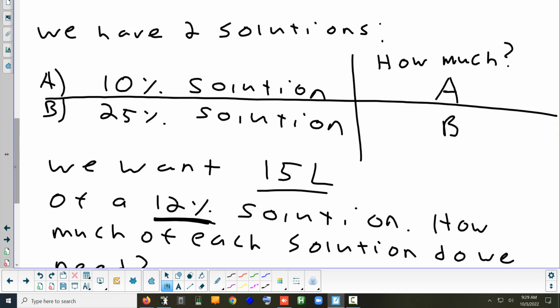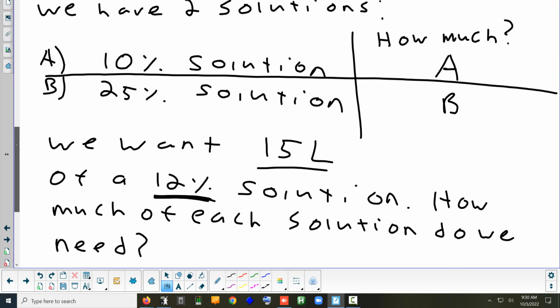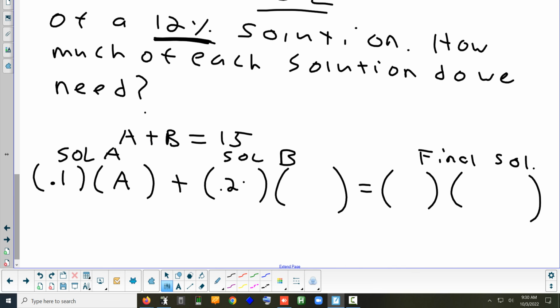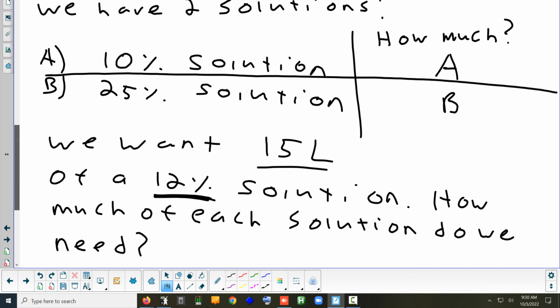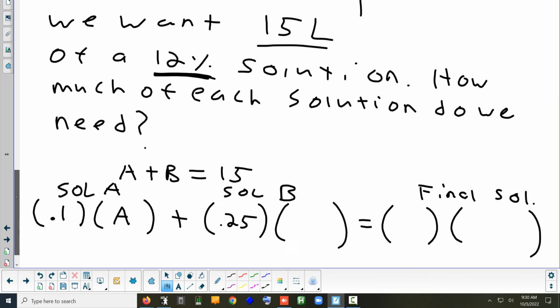Yeah, we picked A. So 0.1A. Now, solution B. What's the concentration of solution B as a decimal? 0.25. And how are we representing how much of solution B? B. We're going to use B.